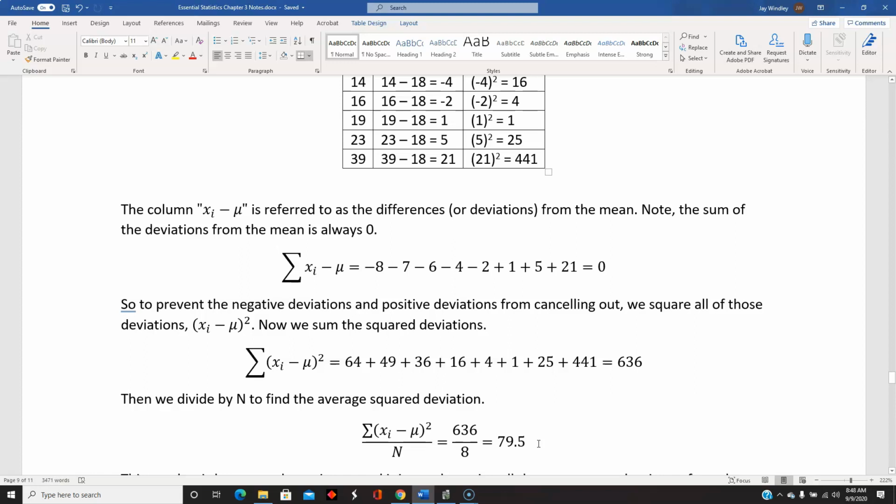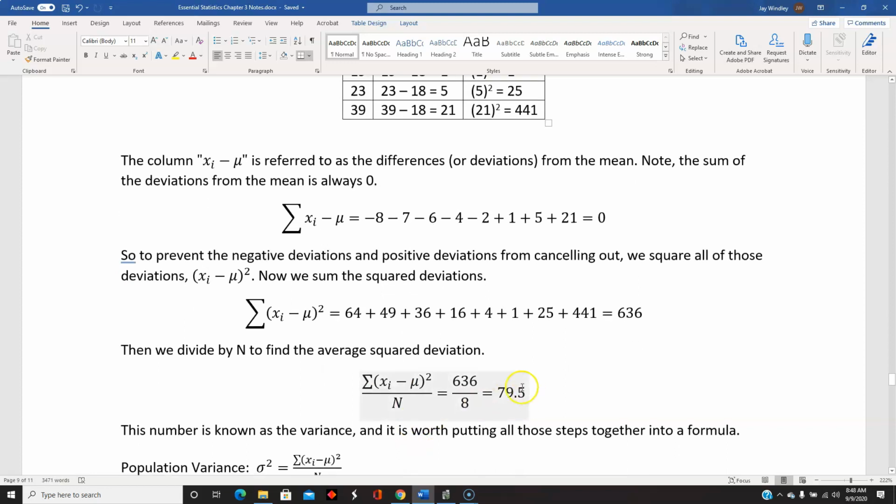So we've got not the average deviation, but the average of the squared deviations by adding the squared deviations together and dividing by n. This number here, very important number, that's called the variance. And in a lot of higher level stats classes, they tend to talk about variance more so than standard deviation. So this number here is the variance.